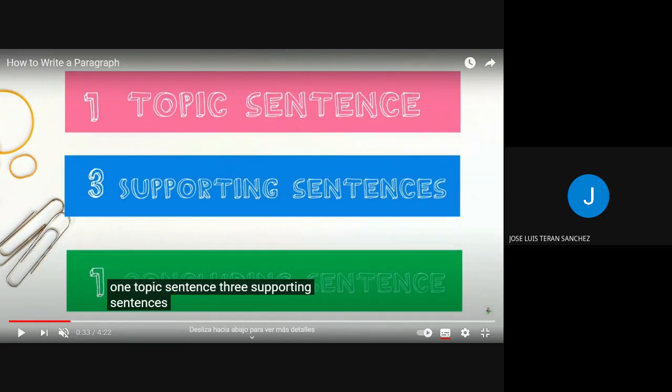It's very important. Now, what is the main idea? It is what you want to speak about. Remember, a paragraph is nothing other than a conversation between the writer and the reader. The reader reads what the writer writes.